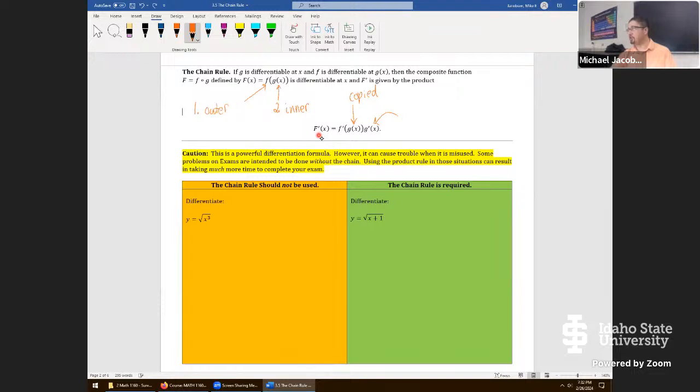Let's indicate this as a 2. 2 is differentiated here. And function 1 gets differentiated in this location. But after it gets differentiated, you plug in the inner function totally unadulterated. It just goes in exactly that way. So that is the chain rule. It's kind of an interesting process.